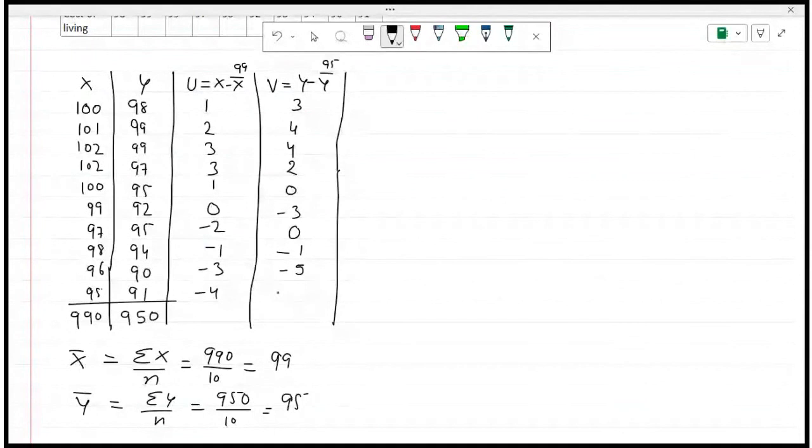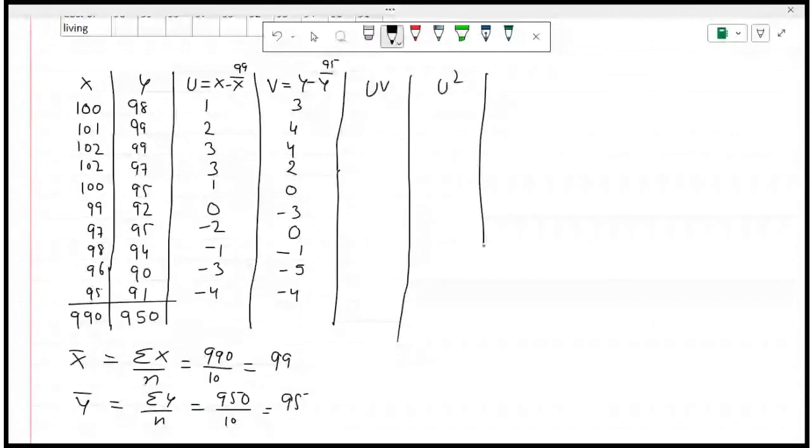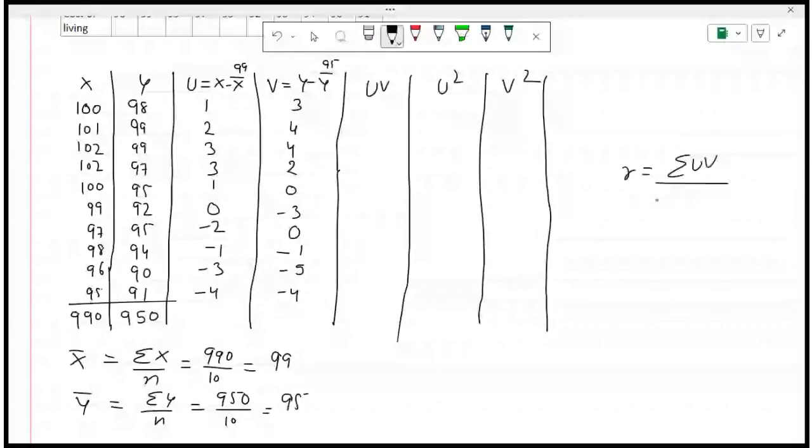So now we will find the product of uv, and then we will find u square and then v square, because our formula demands this. Our formula demands r is the sum of uv divided by the square root of the sum of u square into the sum of v square.